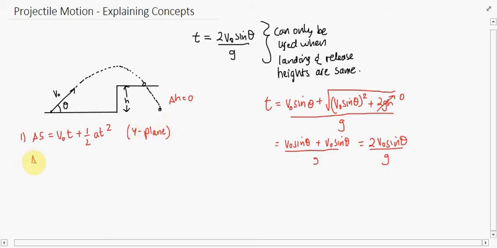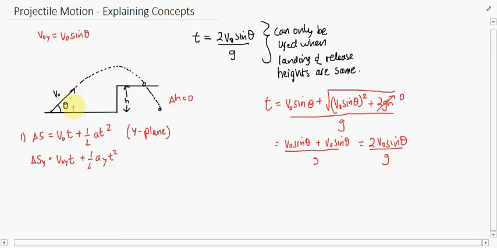This tells us that the change in height vertically is equal to the initial vertical velocity times time plus 1/2 the acceleration in the y direction times time squared. From earlier videos we know that the initial velocity in the vertical direction is equal to the initial velocity times the sine of the angle.